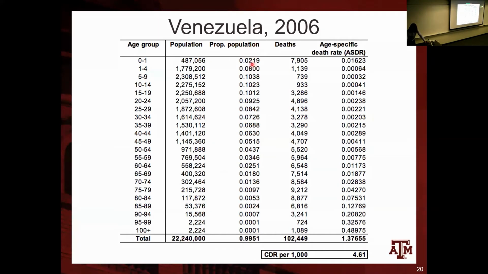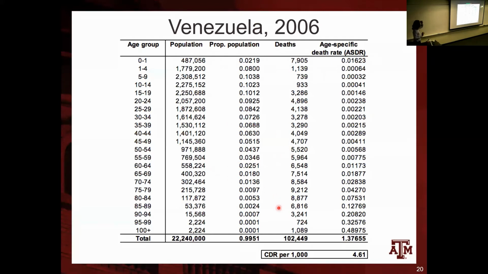We get here a proportion of 0.0219, which means 2.19%. Proportion of 0.088%, and so on, which add up to 1 unit, rounded up. Number of deaths by age group, and the age-specific death rates by dividing this number by this number, you get this one here, and so on.